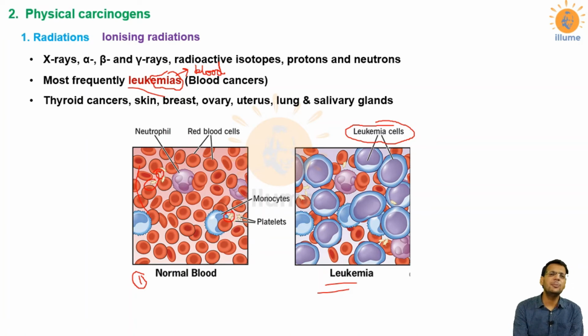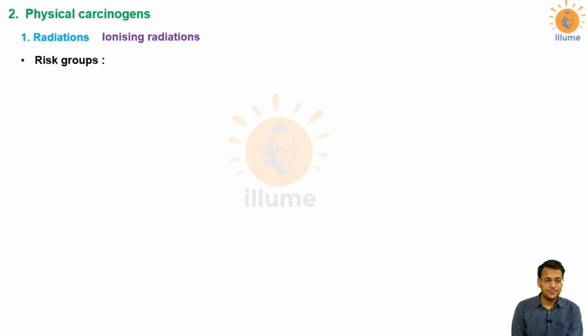There are multiple leukemia cells. Not only in leukemia, in any sort of cancer, the cancer cells or tumor cells that are formed serve no role. And when they serve no role, they are unnecessary, encroaching on the space and the nutrition of the normal functioning cells, and that's why cancer has devastating effects.